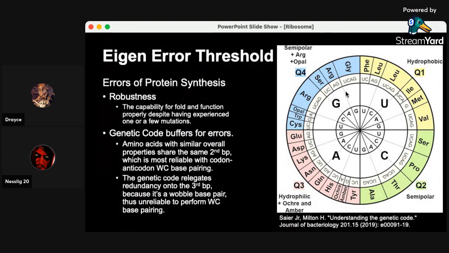So that is why, for example, arginine shares the purines, the A and G, and serine shares only the pyrimidines, the uracil and cytosine. I mistakenly said glycine at first, but it's cytosine. Yeah. All right.